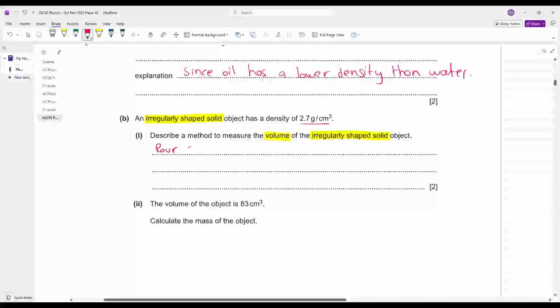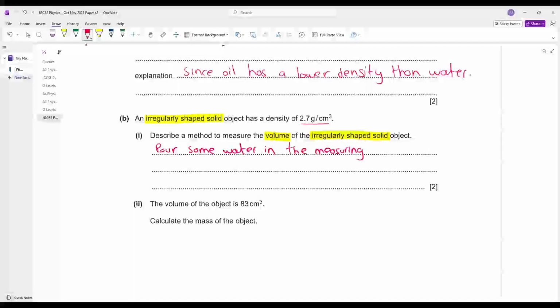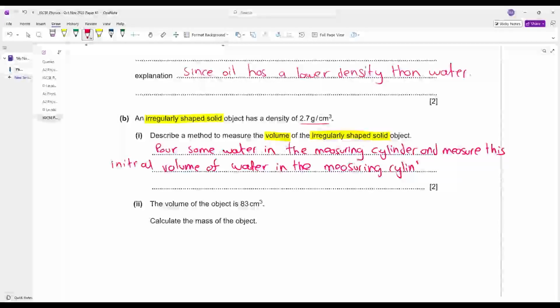Pour some water in the measuring cylinder and measure the initial volume of water in the measuring cylinder. उसके बाद आप क्या कहोगे? What will you say further?